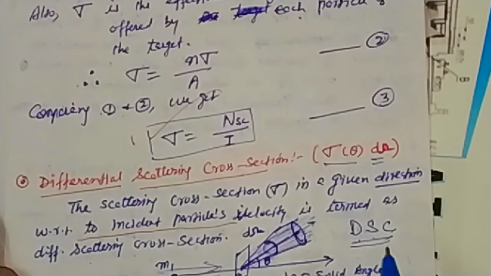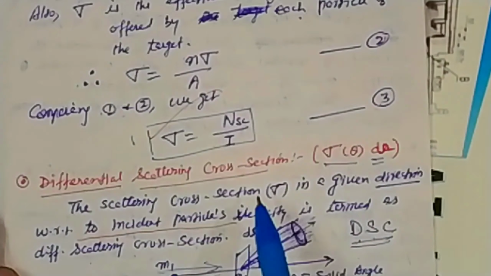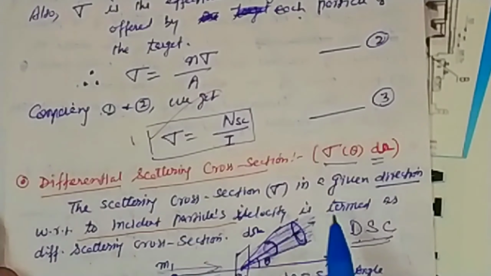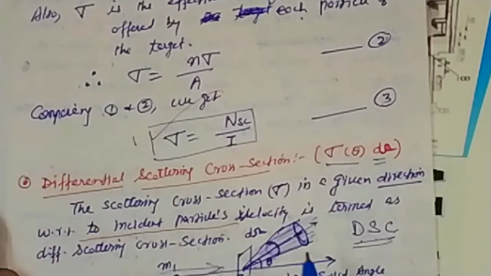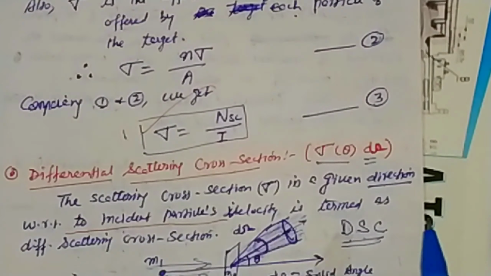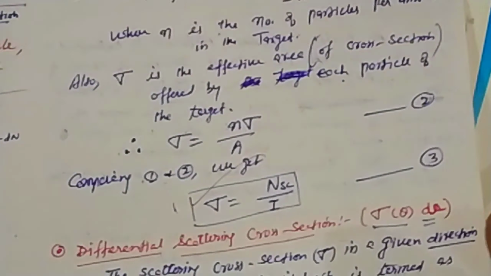This ratio defines the probability of scattering of the alpha particle in this particular direction. That is why it is called the differential scattering cross section. Differential means part of the total cross section. This parameter is important in the Rutherford alpha particle scattering experiment.